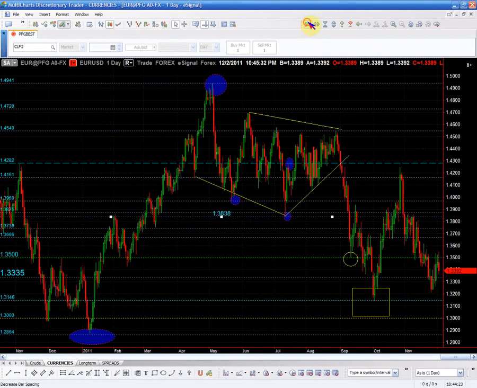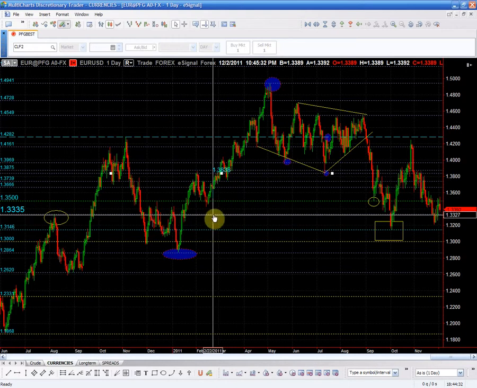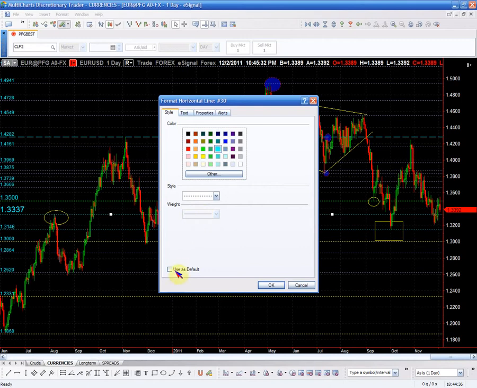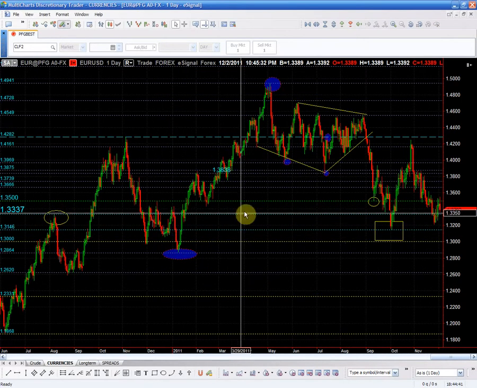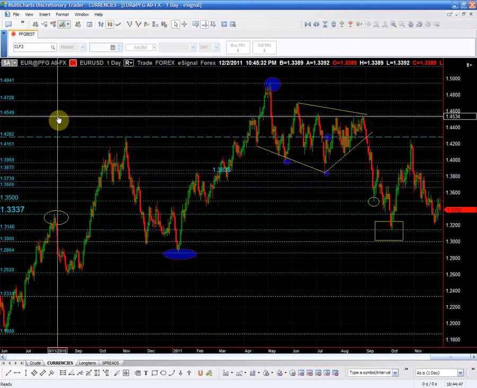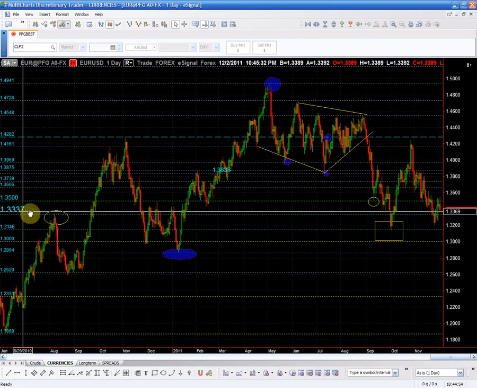So I want to be short the euro, but I have a major structure point over here, which is the 133.35. This is the 133.34.